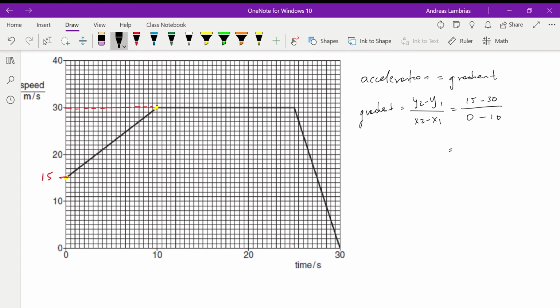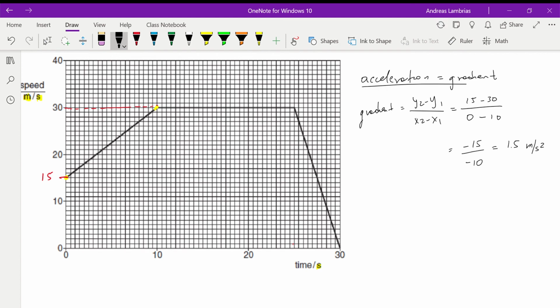So therefore it will be 15 minus 30, that's minus 15, over 0 minus 10, that's minus 10. When I divide negative by negative, it becomes positive. So 15 over 10 will give me 1.5. So once again, because we're looking at acceleration, we can see that it's meters and seconds, then the units for acceleration will be meters per second squared.